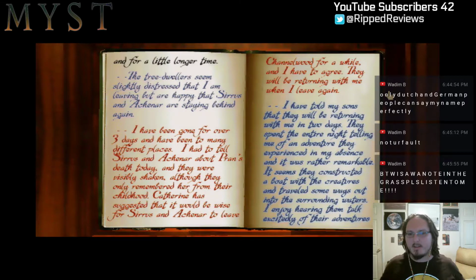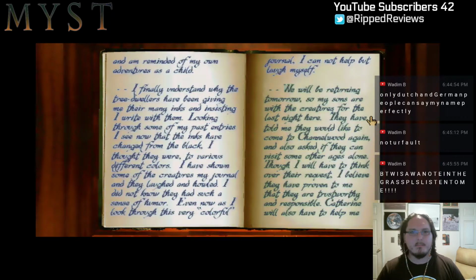I enjoyed hearing them talk excitedly of their adventures, and am reminded of my own adventures as a child. I finally understand why the tree dwellers have been giving me their many inks and insisting I write with them. Looking through some of the past entries, I see now that the inks have changed from the black I thought they were to various different colors.